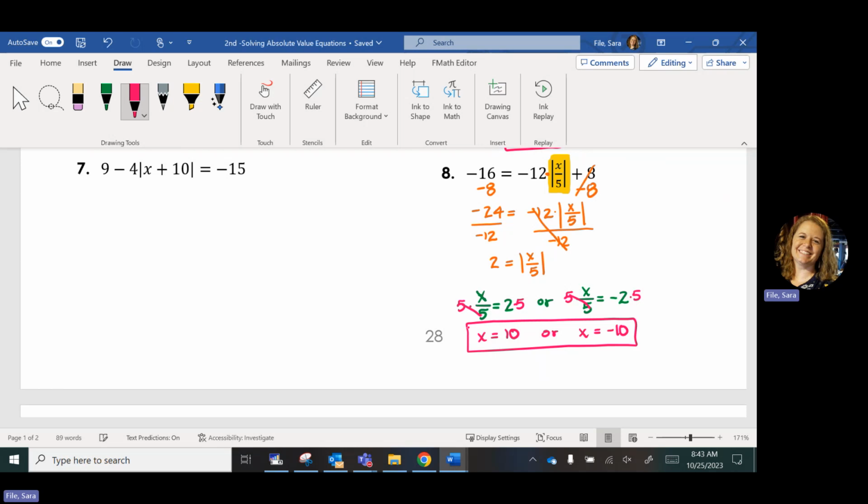Now, when I go to type my answers in Canvas, let me reiterate this. It's going to say x equals blank and blank. You're filling in the blanks. What number should you write first? In the first blank? The -10.